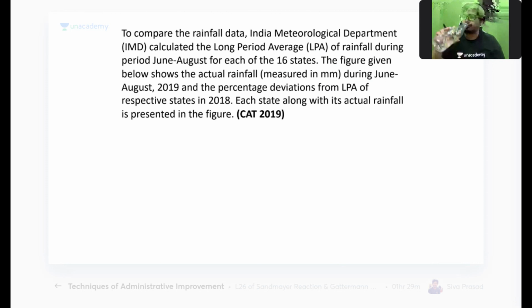Okay, so let's start with this. To compare the rainfall data, the Indian Meteorological Department calculated the long period average of rainfall during the period June to August for each of the 16 states. The figure below shows the actual rainfall measured in millimeter during the June to August period and the percentage deviations from the LPA of the respective states in 2018.